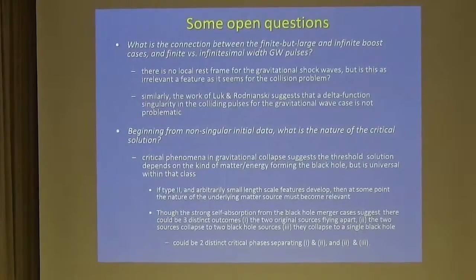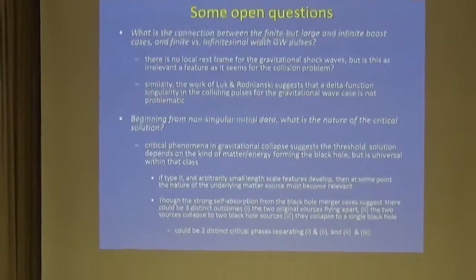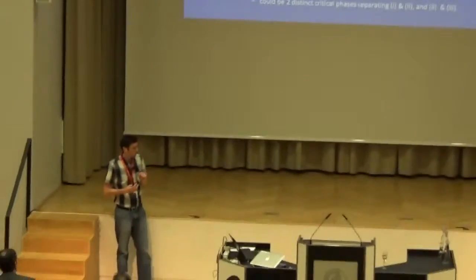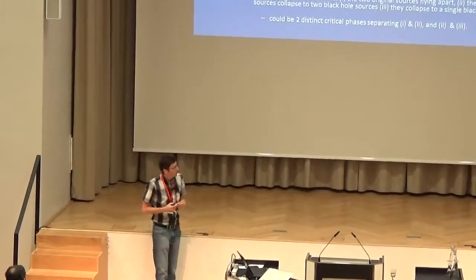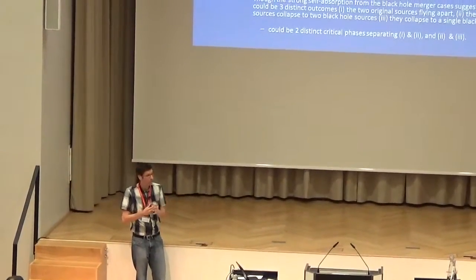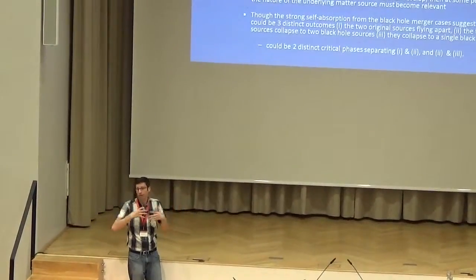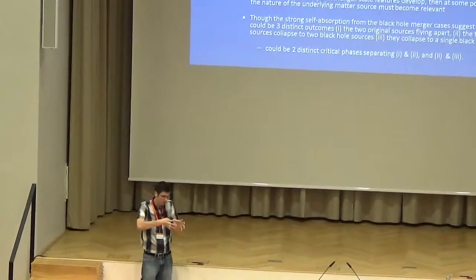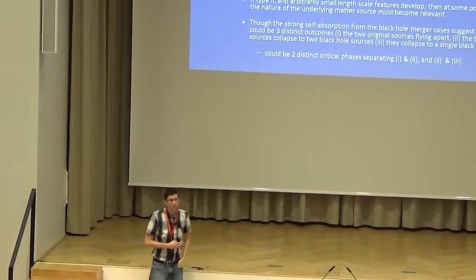So just in a nutshell, what critical phenomena is: we have looked at gravitational collapse at the threshold of black hole formation. So if you take some distribution of matter or energy, even gravitational waves, if you don't have very much, then, for example with the scalar field, which is what he originally looked at, and you look at the evolution, it's just going to disperse, like radiation. If you take a very large amount of energy, the self-gravity is going to make it collapse to form a black hole.